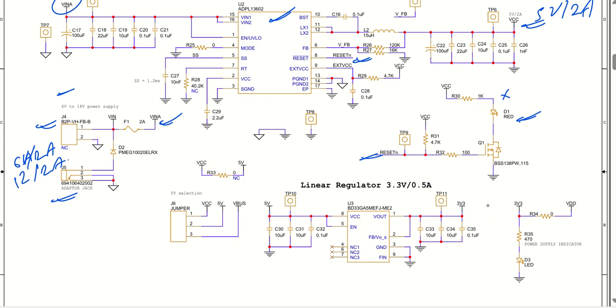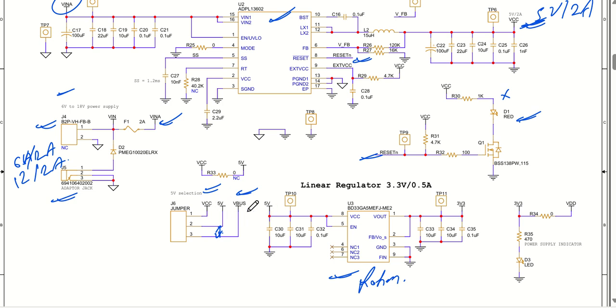To convert this 5 volt to 3.3 volt, we have a linear regulator from ROHM Semiconductor. In that, I have used 3.3 volt, 0.5 ampere, that is 500 milliamperes. If you want to power up your microcontroller through USB, you can just short these two jumpers, so that instead of taking 5 volt from VCC, it will take 5 volt from VBUS.